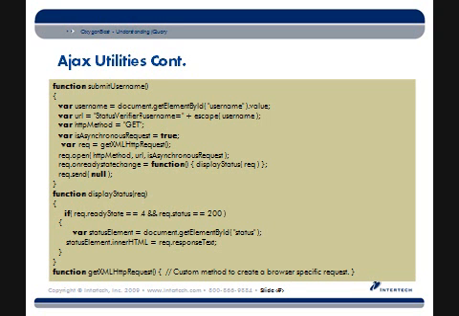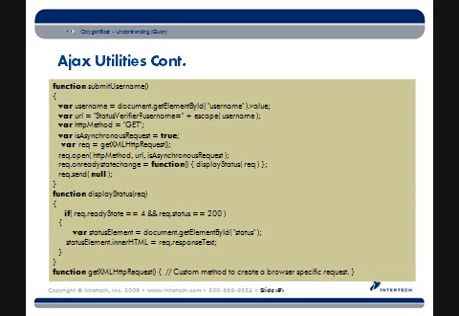So in my Ajax request, I first have to grab that value. I grab using document get element by ID. Again, this is the traditional JavaScript example before we show you the jQuery equivalent. So I grab that username, I put it inside of a URL, I construct my object so that I can make an Ajax request. You'll notice here that at the very bottom, I've got a function created, get XML HTTP request.